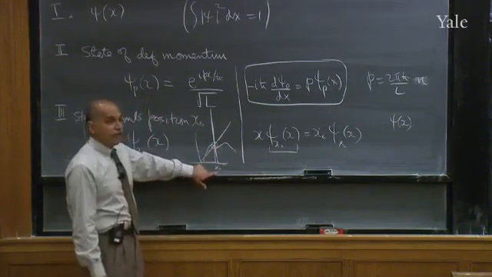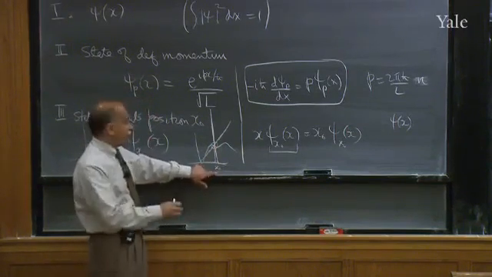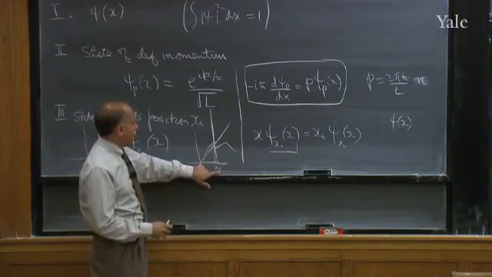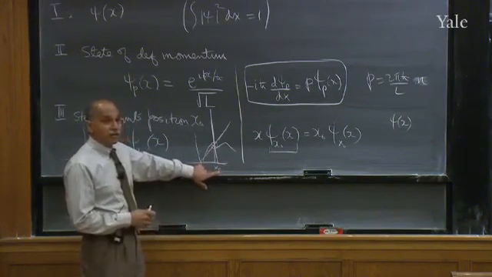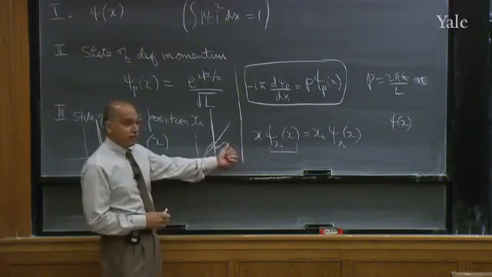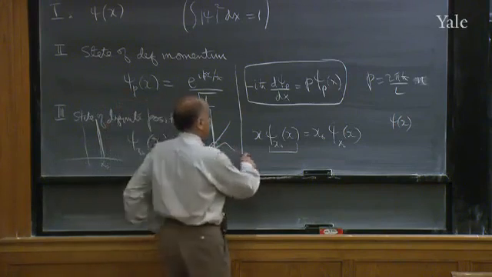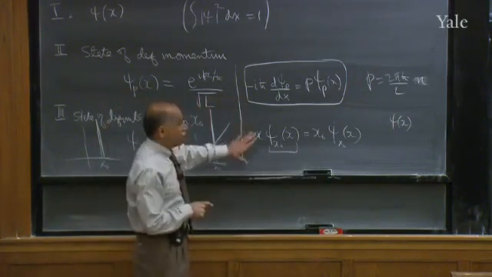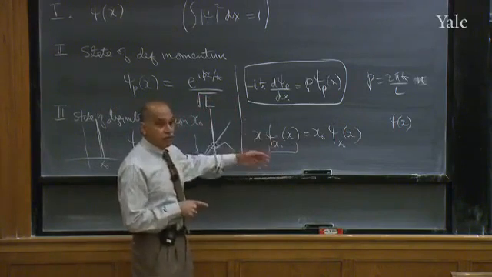It doesn't exist anywhere else. The only place it's even non-zero is at the point x naught. So there's no difference between multiplying it by x and multiplying it by x naught. Multiplying it by x all over here is a waste because the function is 0 there. That's why for that spike function, this is actually true. So you see that? It's the second way to characterize the spike.